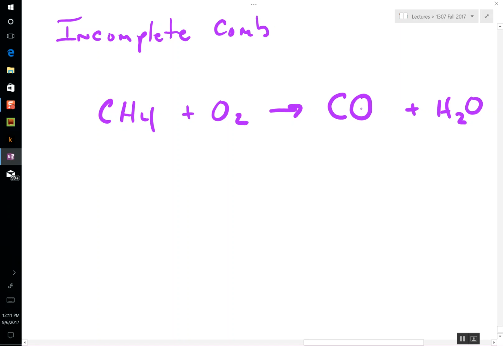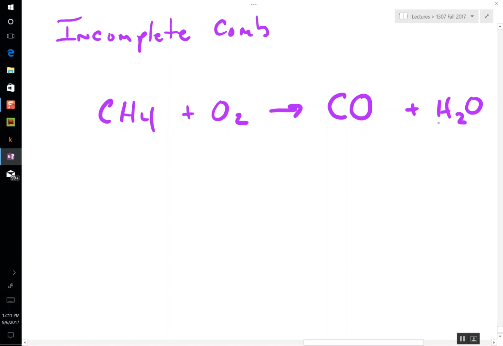Oxidizing it to carbon monoxide is only partial or incomplete combustion. Don't worry about it too much. Even if I said write out the equation for the combustion of, just assume I mean complete combustion. I think on your homework I did say complete combustion.